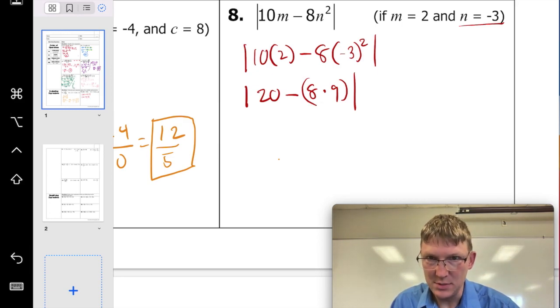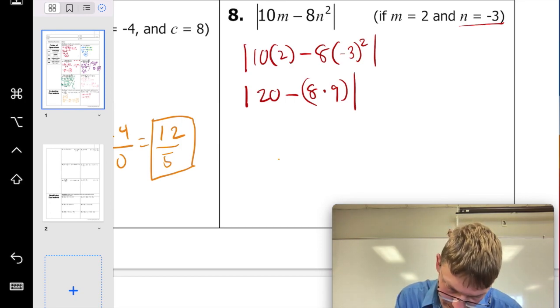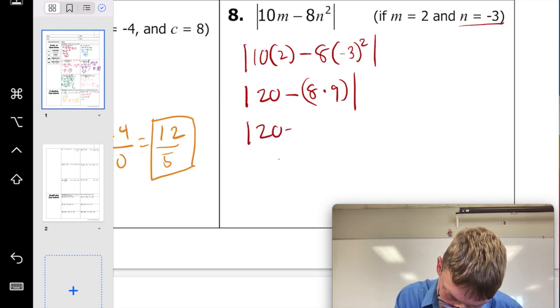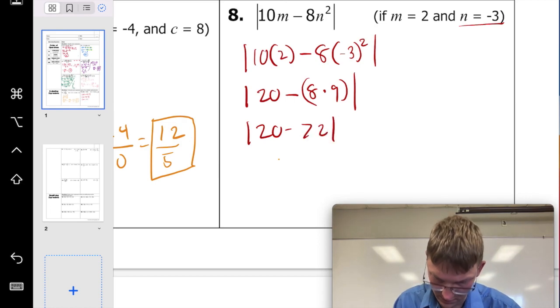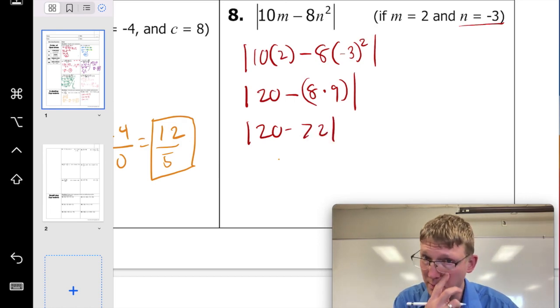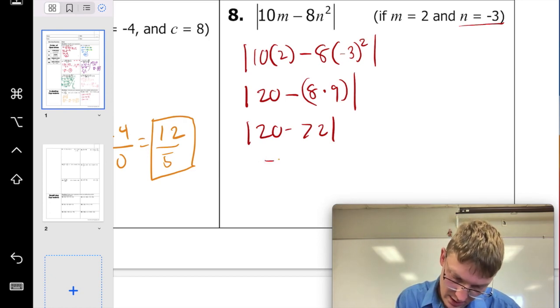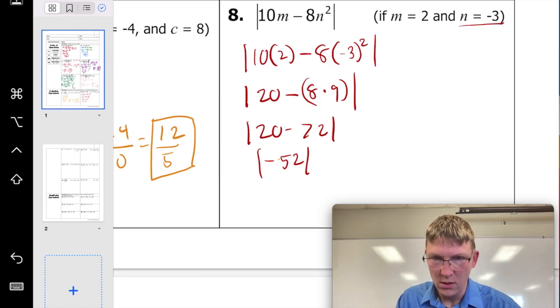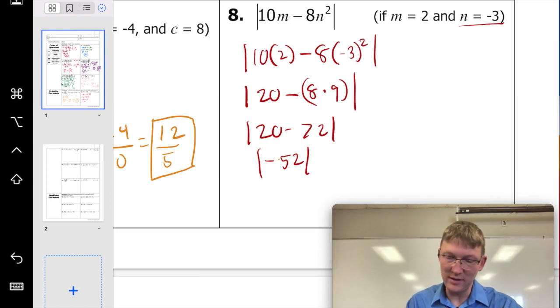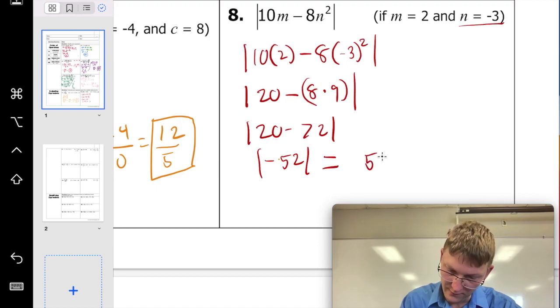So 8 times 9 is 72. So again, we've got 20 minus 72. So then we're just doing basic arithmetic: -52. And then since it's an absolute value, our actual answer is +52.